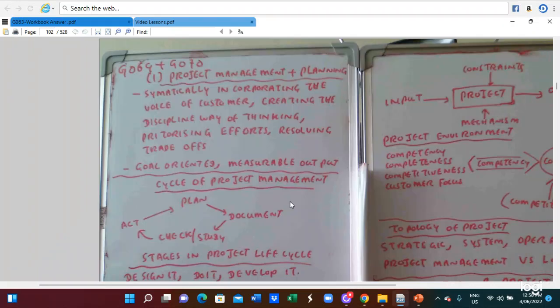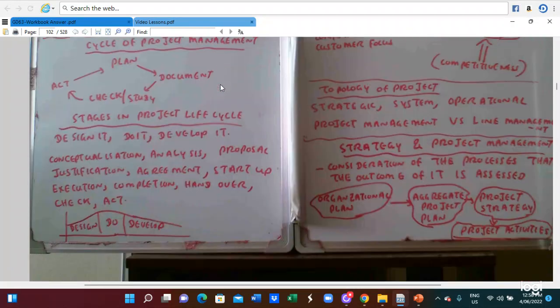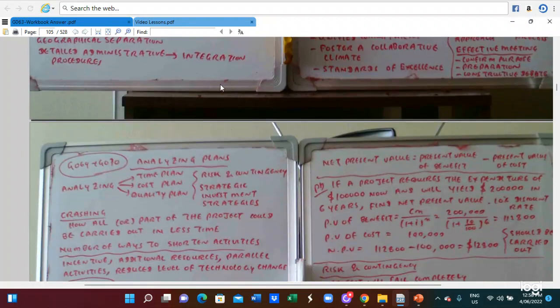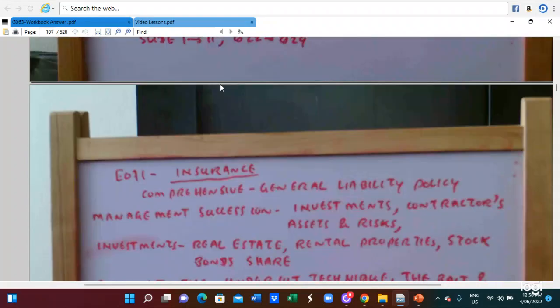So this is page 102. You see project management planning up to page 120. You can see organization management, project management, analyzing all the plans. You can read through those.